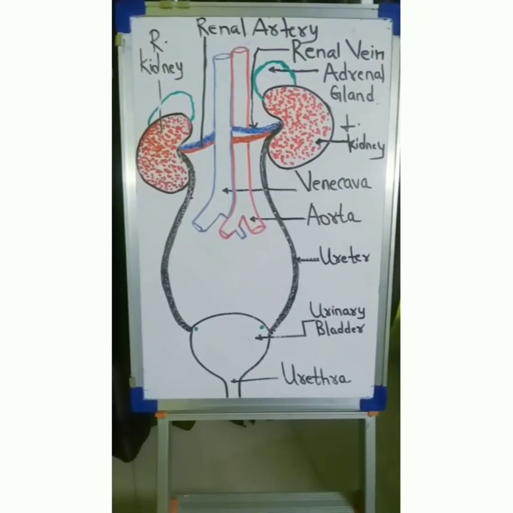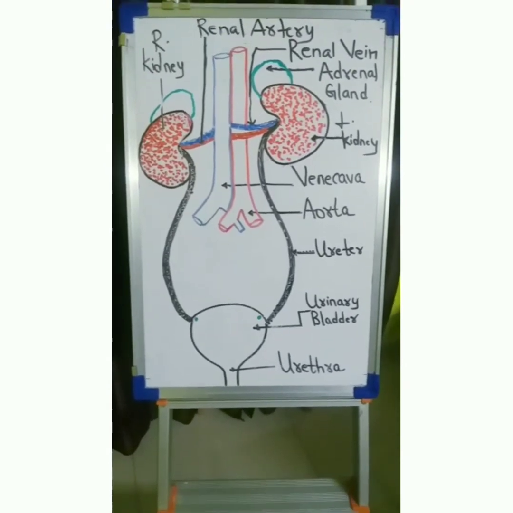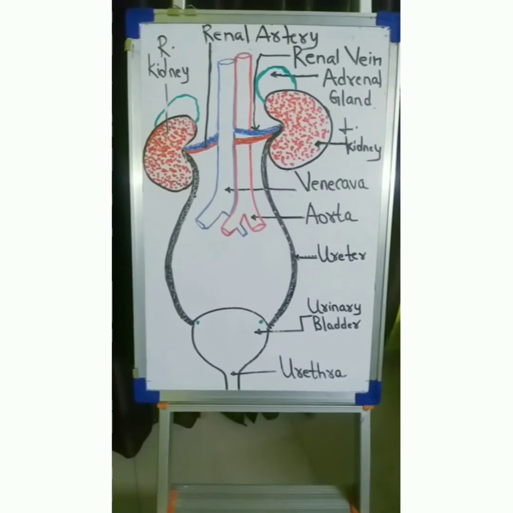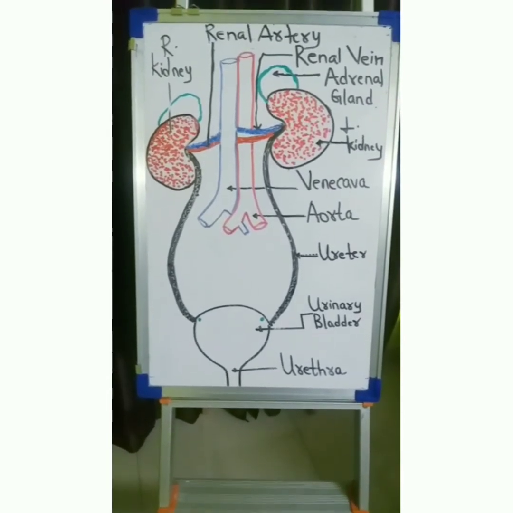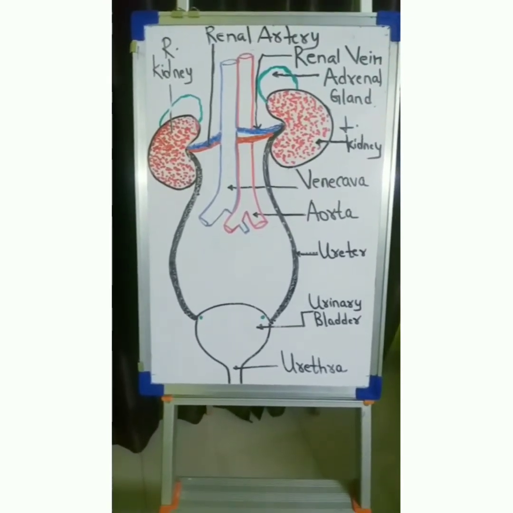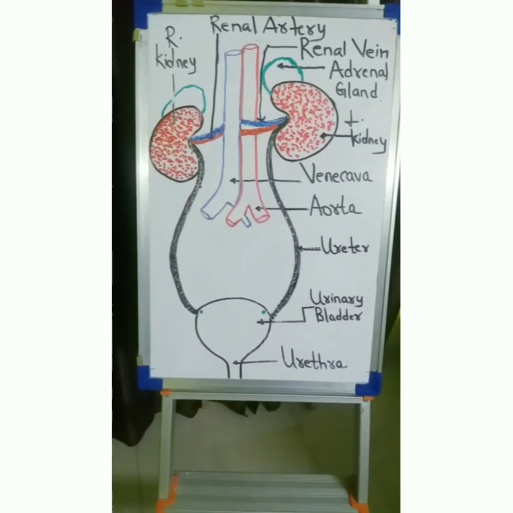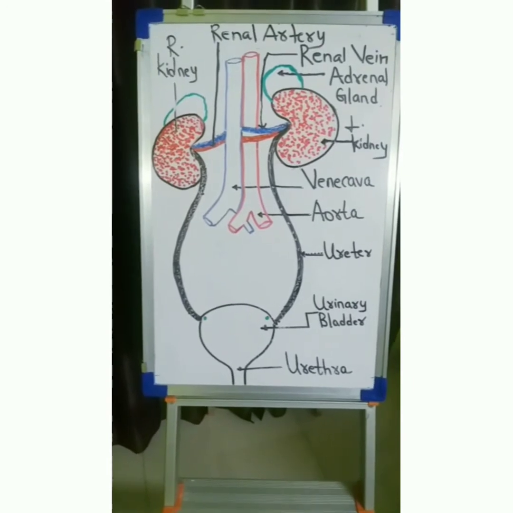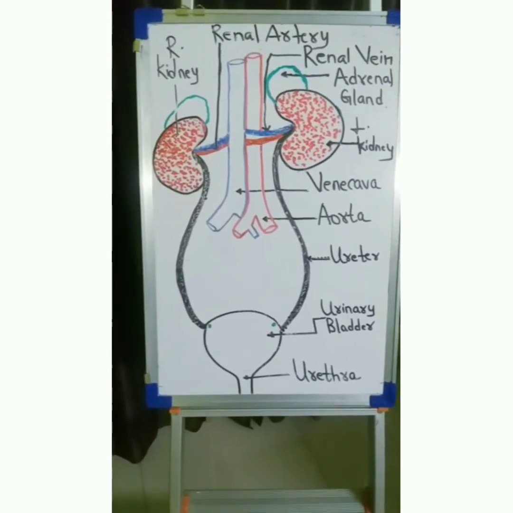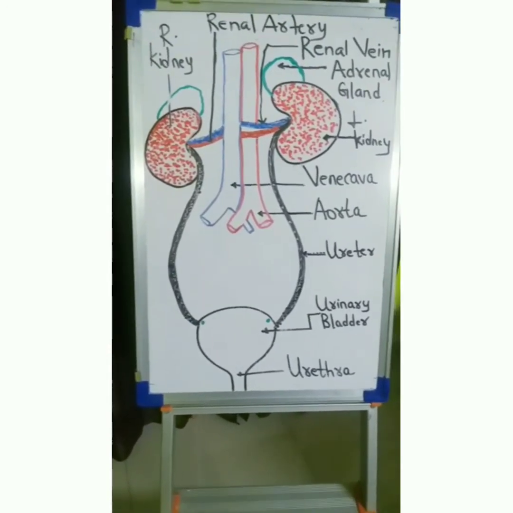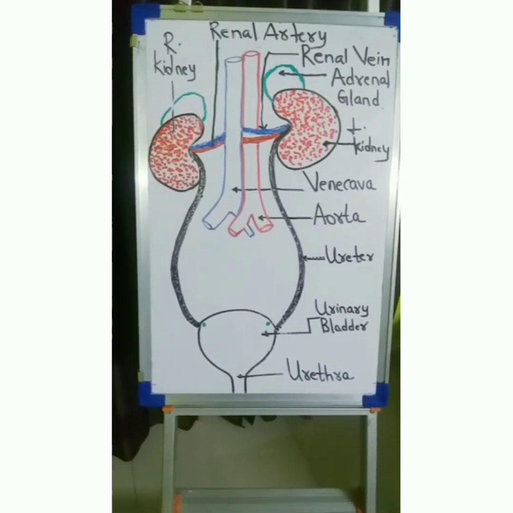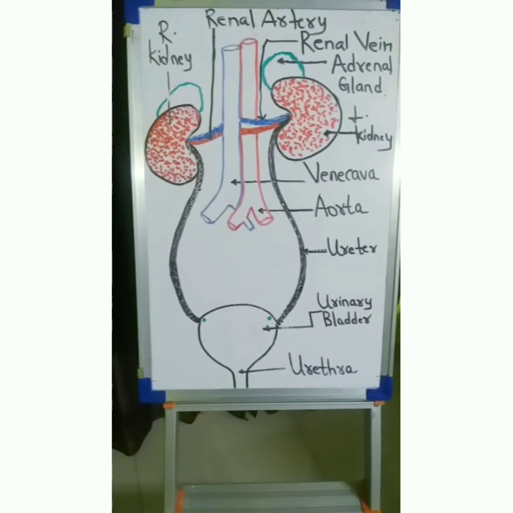It filters the blood and sends the filtered blood back into the bloodstream for utilization, and removes unwanted material with the help of its filtration units, of which there are more than 1 million in each kidney. Of course, we will study the details of the structure in the next class. These filtration units of the kidney are called nephrons.